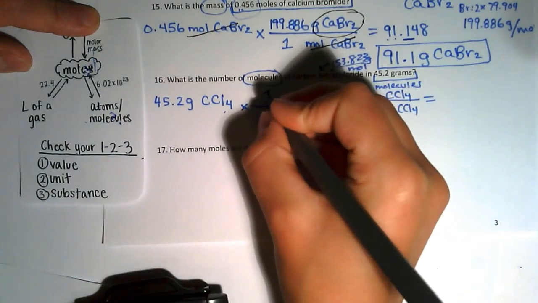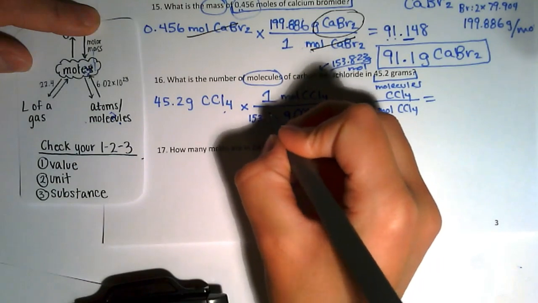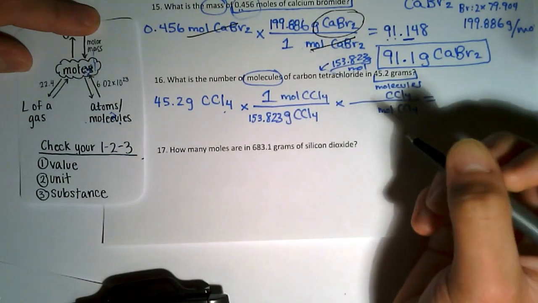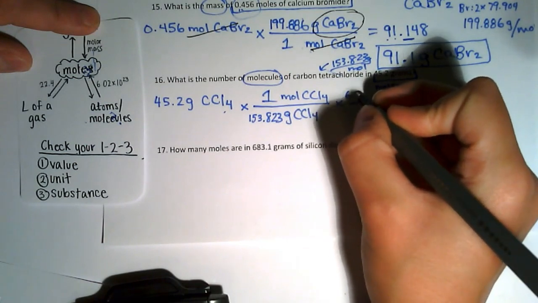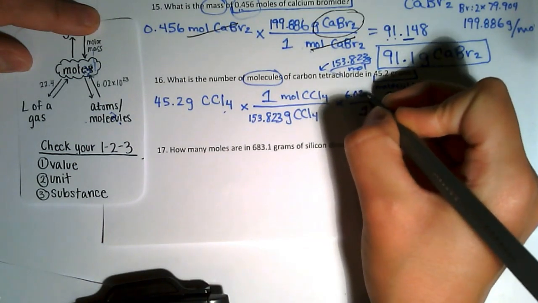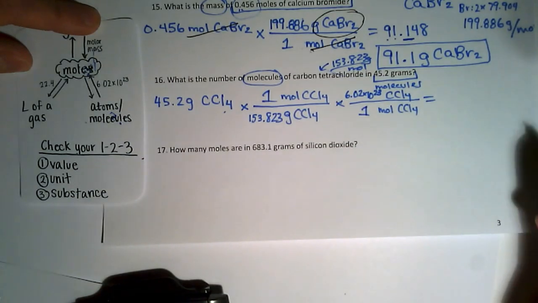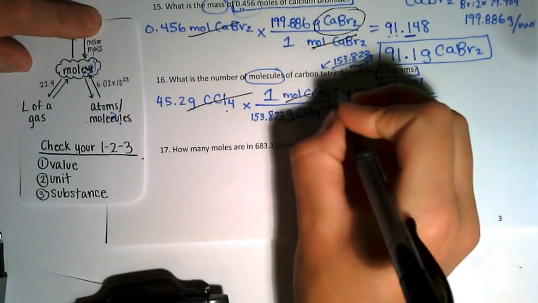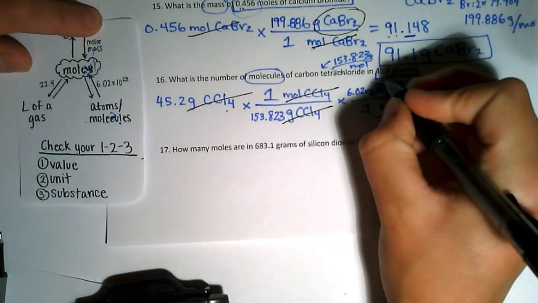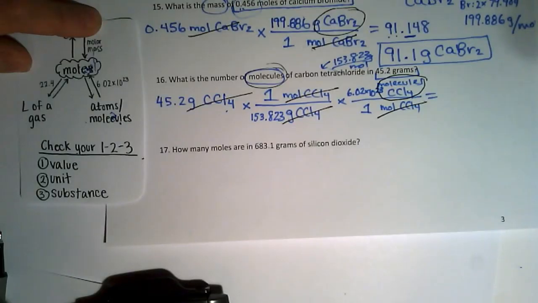So we know that 1 mole equals this number, 153.823 grams. And then we know that 1 mole also equals Avogadro's number of molecules, 6.02 times 10 to the 23rd molecules of CCl4. Grams cancels out with grams, moles cancels out with moles, and we're going to be left with molecules of CCl4, which is indeed what we wanted.